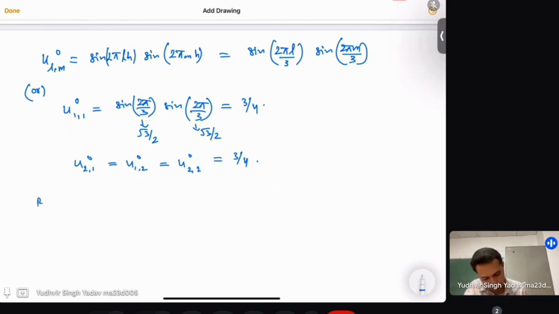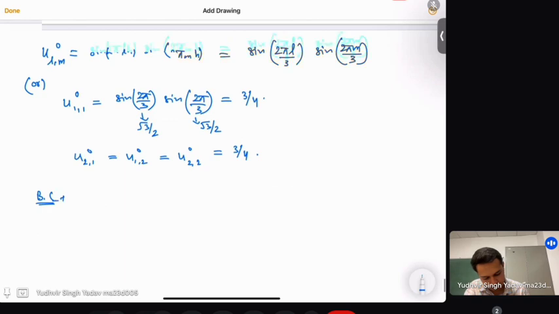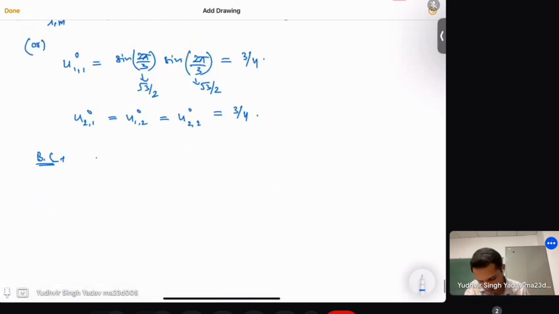And from the boundary conditions, what you have is u(l,0) when y is 0, and u(l,3) when m is 3, you will have 0, and u(0,m) and u(3,m) for all time steps n greater than or equal to 0 are 0.